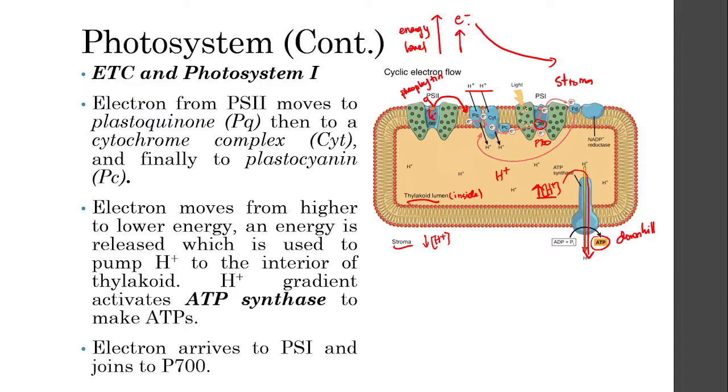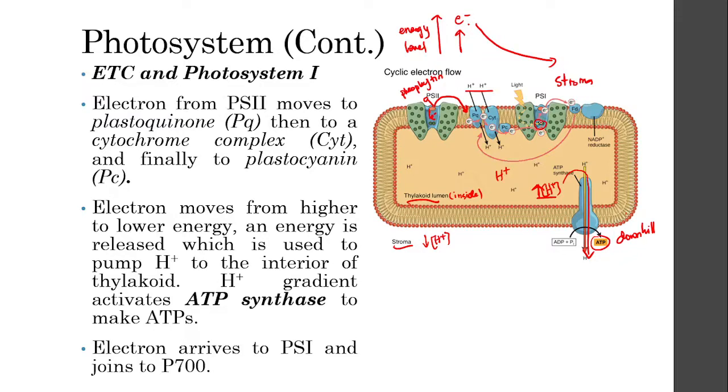The pigments in PS1 are invigorated by the light energy, and that light energy is transferred from pigment to pigment until it arrives at your P700. And when this gets excited, it again donates its electron. So now it's missing an electron, so the electron from plastocyanin is transferred to your P700.